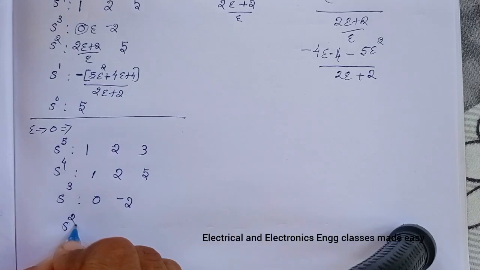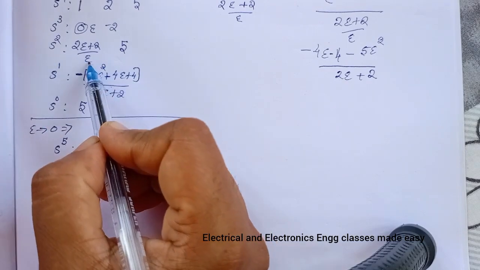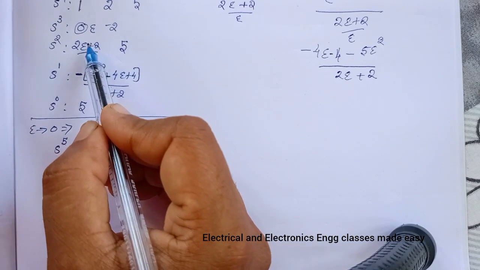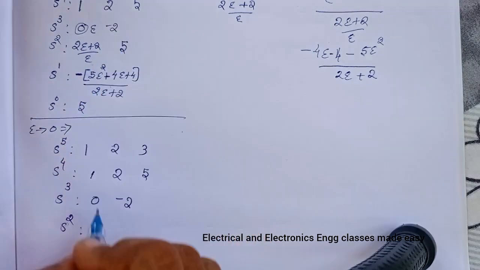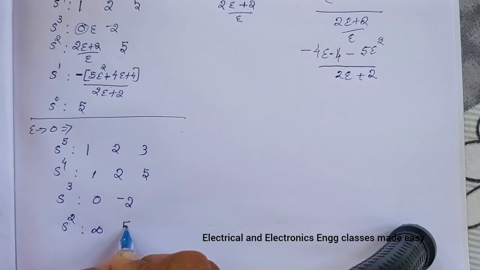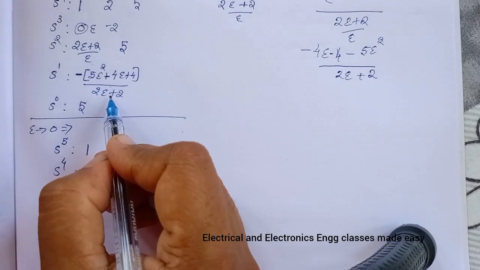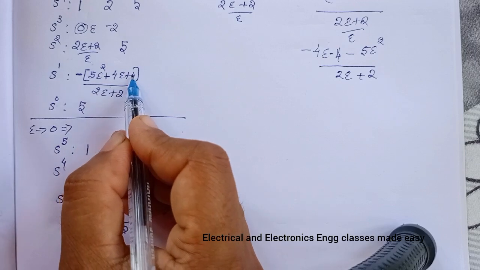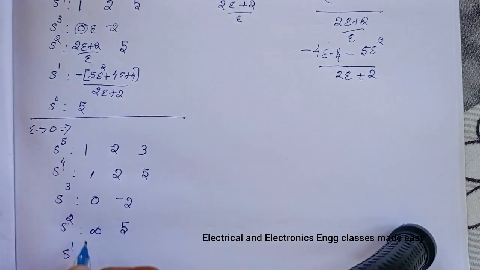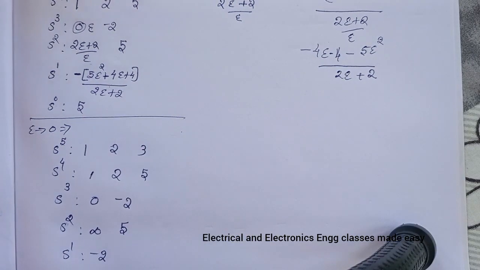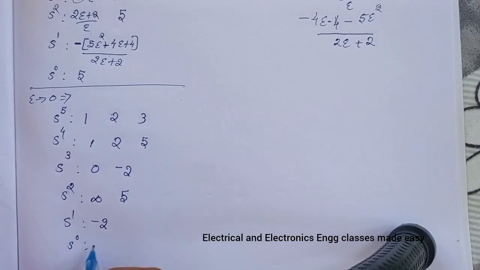Then s raised to 2 is obtained. While putting this epsilon equal to 0, here we get 2 divided by 0, that is infinity, then 5. Then s raised to 1 is, here we get this minus 4 divided by 2, that is minus 2. Then s raised to 0 is 5.